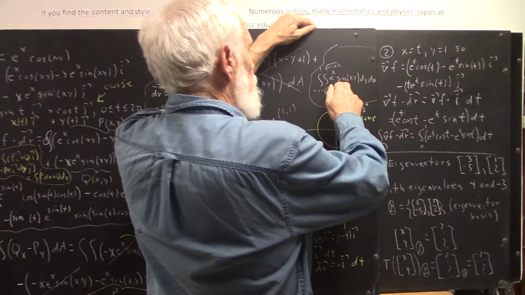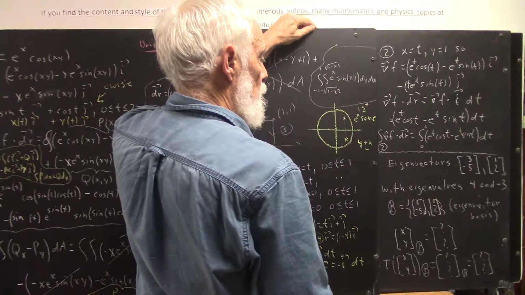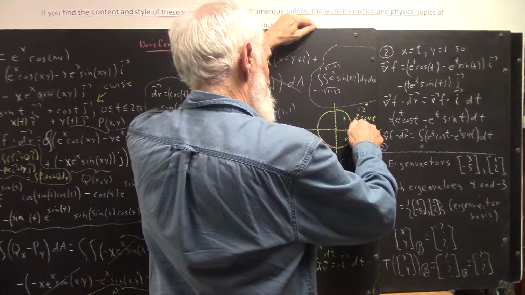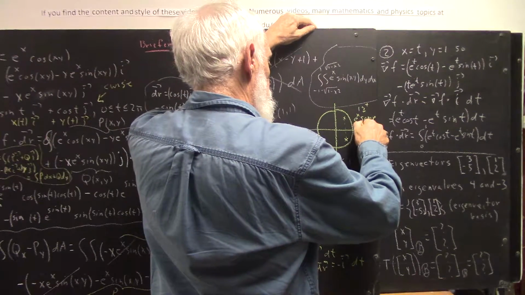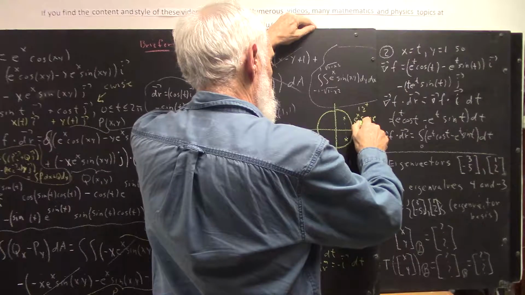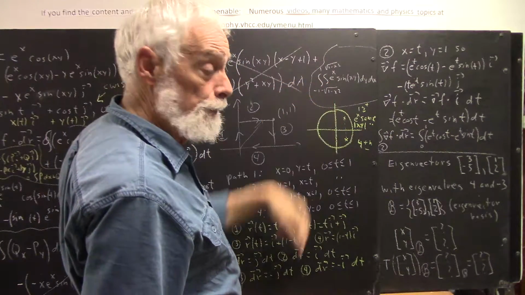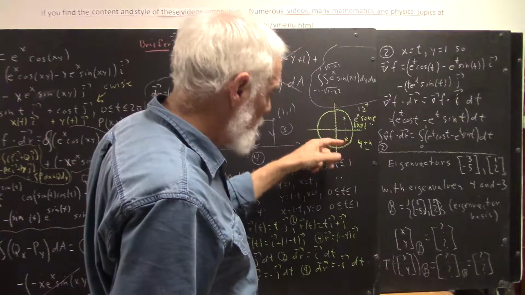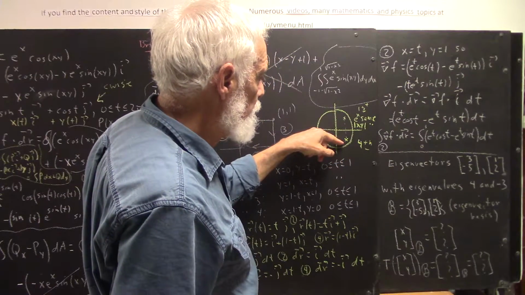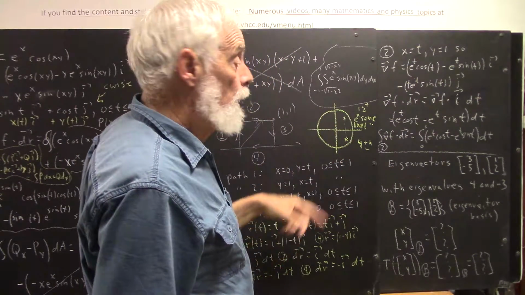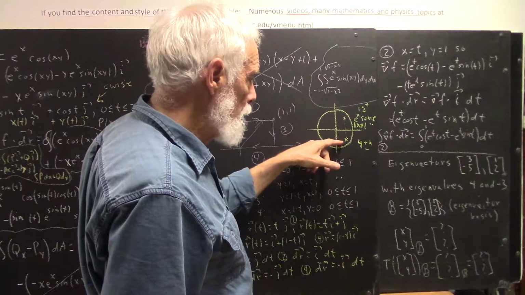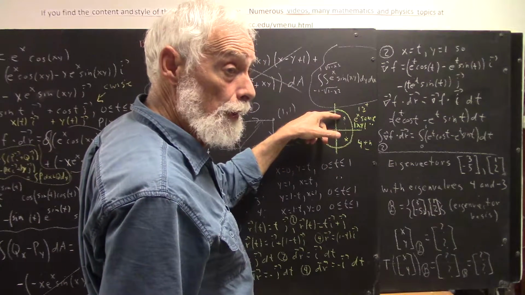Now what about the sine of xy? Well, the absolute value of xy is the same, this point and this point. If this is a reflection, that means that the x value here is the negative of the x value here. So the y value here is the negative of the y value here.